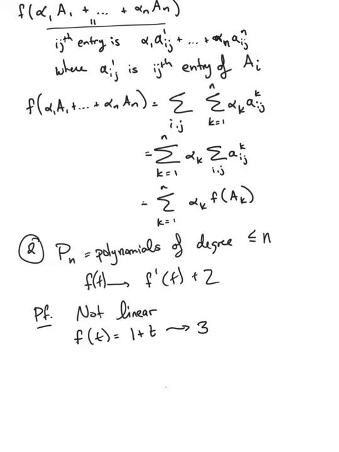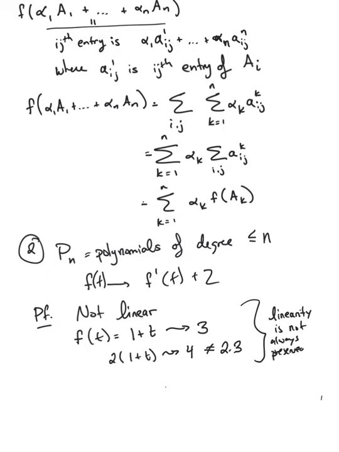On the other hand, if I take 2 times 1 plus t, this will go to 4, which is not equal to 2 times 3. So just as a side, you have to be careful about linearity. It is not always preserved by addition in some sense.